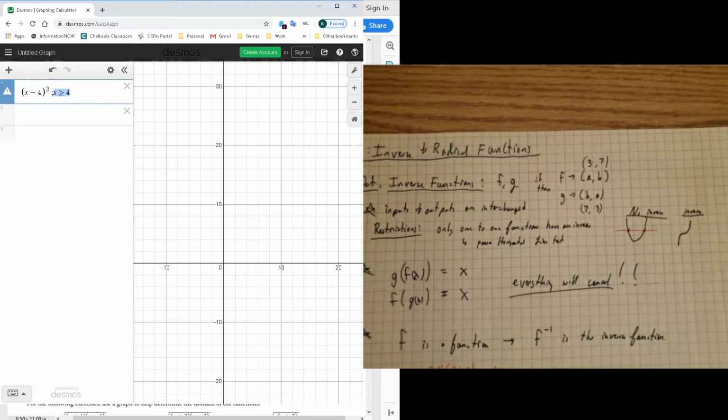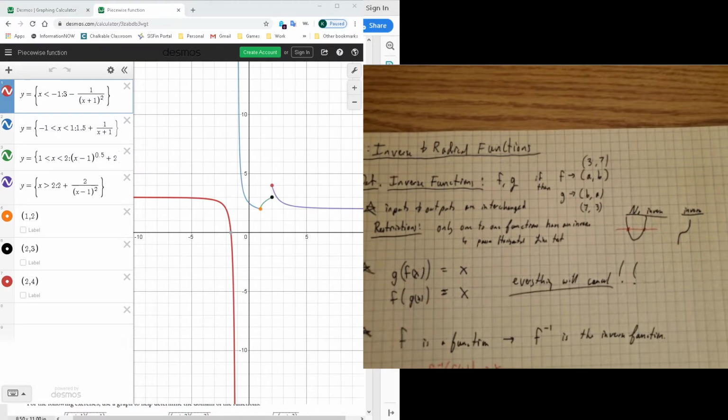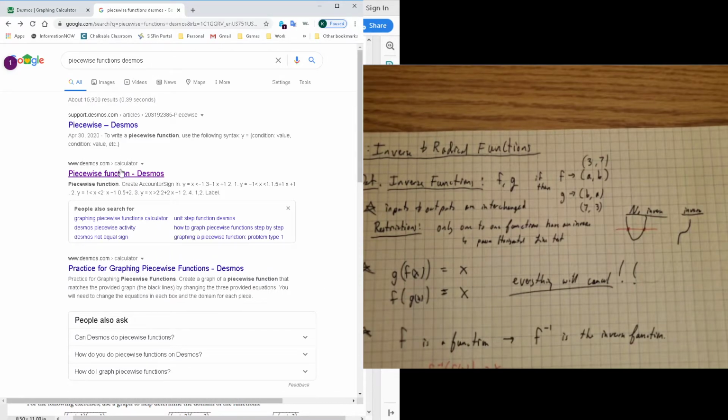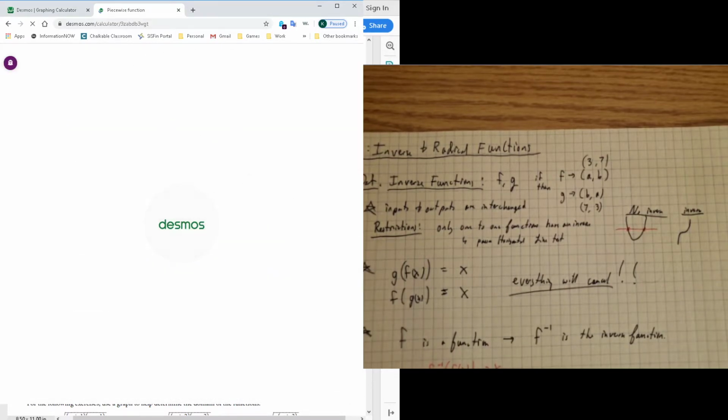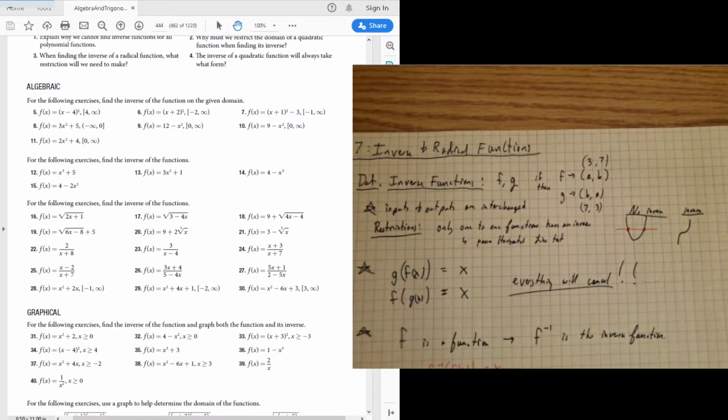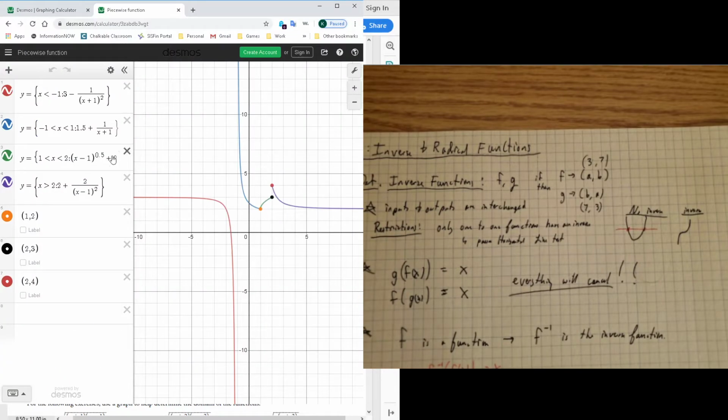One second. All right, kids, what do you do if you don't remember how to do something? Look it up. Piecewise functions in Desmos. Remember, these are called piecewise because we're only doing a piece of the function. We are only doing from 4 to infinity. So we're only doing a piece of the overall function. So this is called a piecewise function. So how do we do it? Well, it looks like the boundary first, colon, and then the equation.